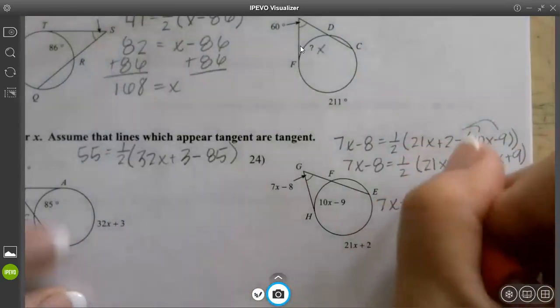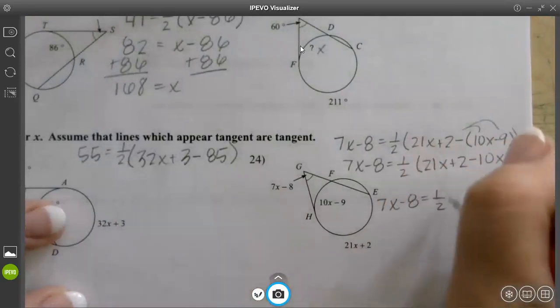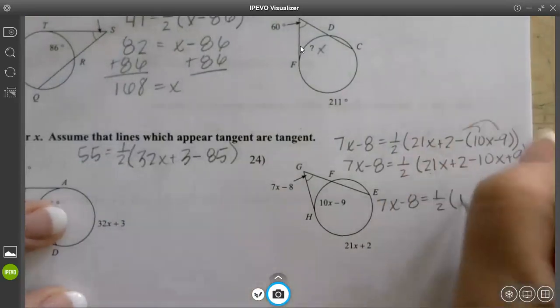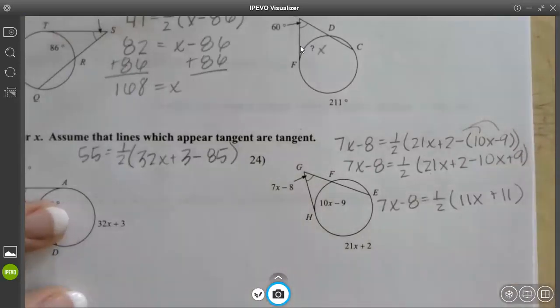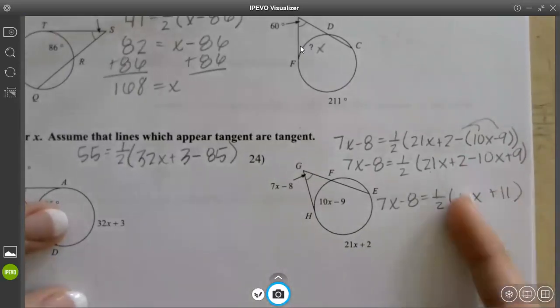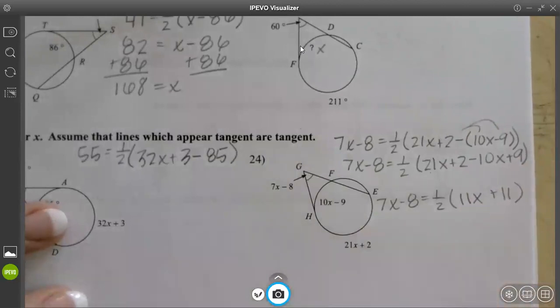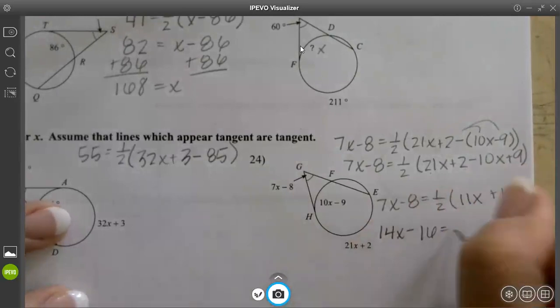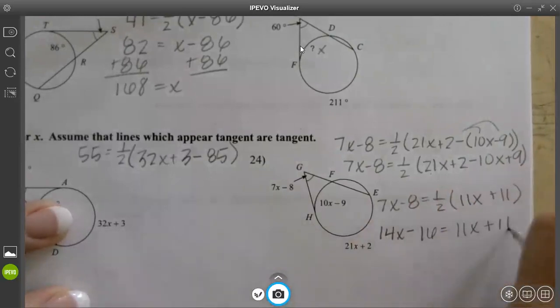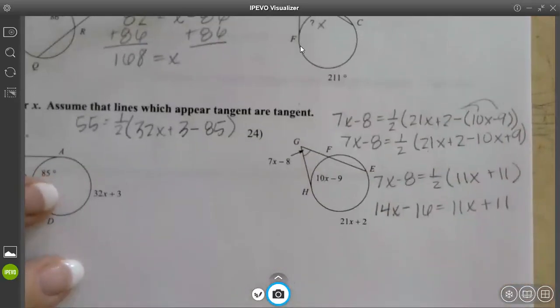Clean it up. 7x minus 8 equals 1/2. 21 minus 10 is 11x. 2 plus 9 is 11. Again, I have odd numbers inside, so I'll probably just multiply the other side by 2. So 14x minus 16 equals 11x plus 11.